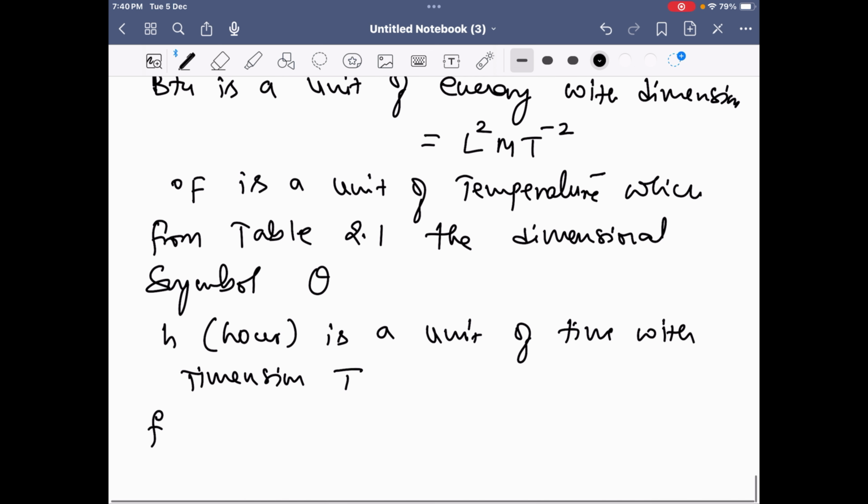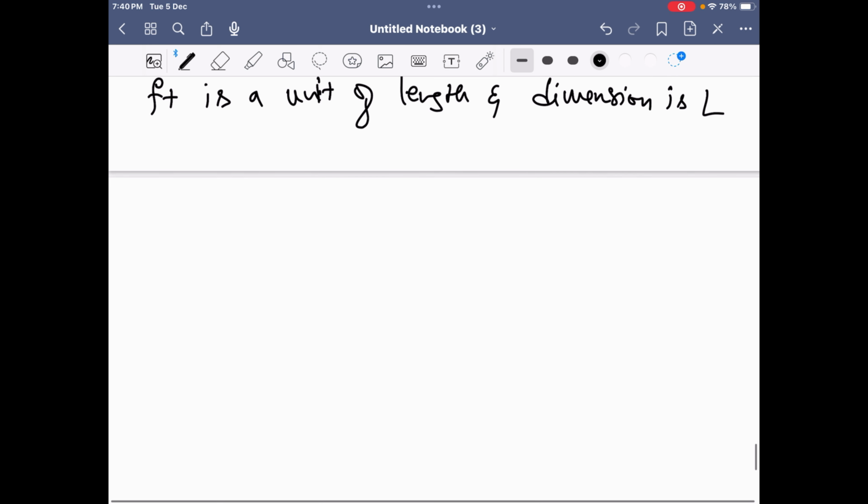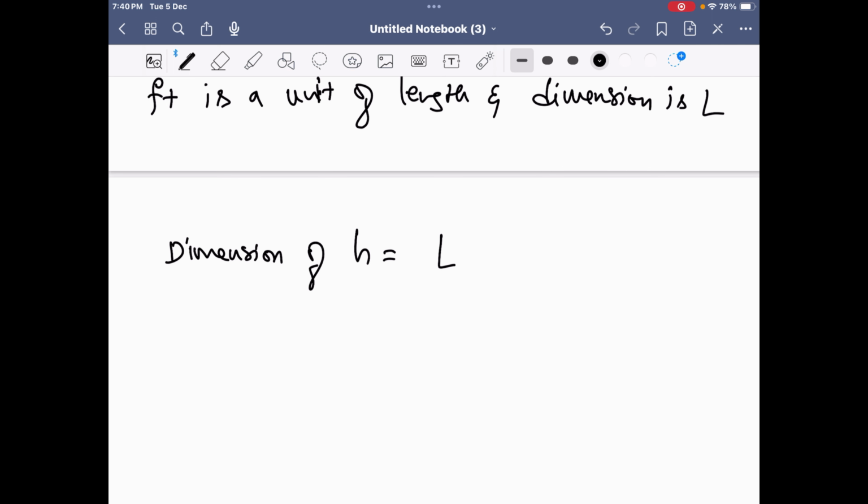And again feet is a unit of length, and dimension is L. So let us substitute these units. So the dimension of H is equal to BTU, let us write L square m T power minus 2 theta per theta, then T inverse, this is for time and this is for feet length.